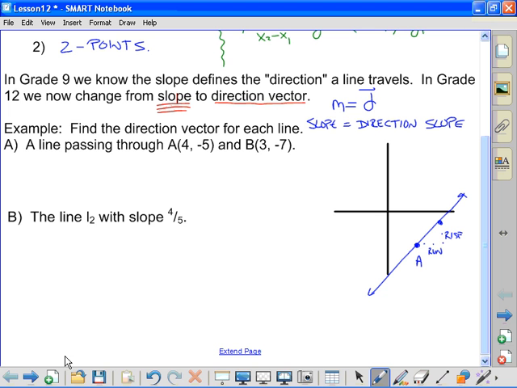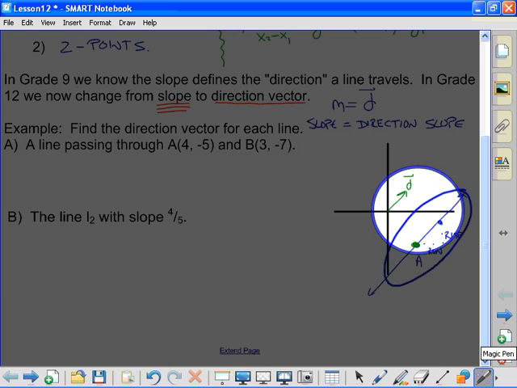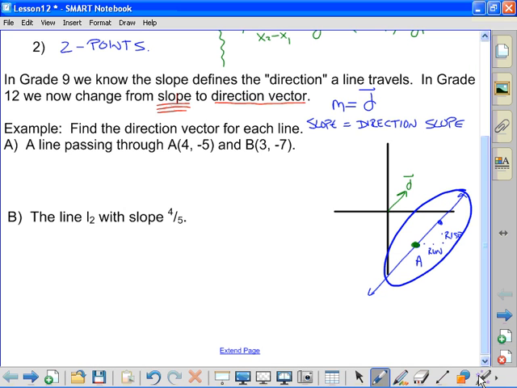What you're going to be given is, here's the point A that the line goes through, and it goes in that direction. So the direction vector is centered at the origin, so that the computer knows that that direction vector tells you what direction to go from the given point. So that's what we're doing. We're transforming it from what you did in grade 9, and I'm moving you to the grade 12 system. And you're going to find the transition's fairly smooth.